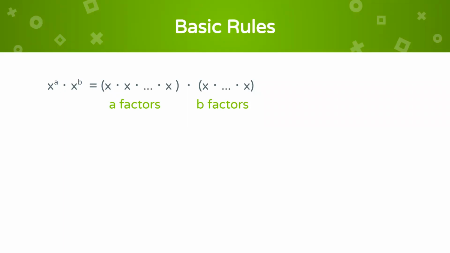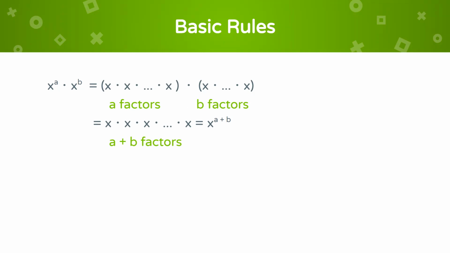Once we remove the parentheses, we can see that we just have a long list of x's, and those are going to be repeated a plus b times, because in the first section there are a factors, and in the second there are b factors. So that means that overall this expression is simply equal to x to the power of a plus b. And that's the rule that we need to know.